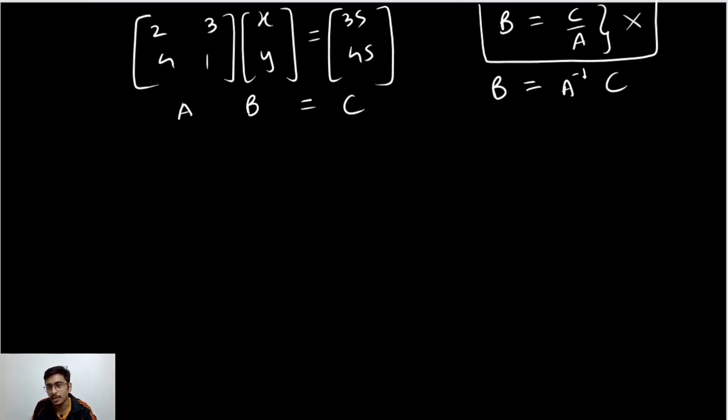We can only achieve A inverse here if we somehow disappear this A from the LHS, right? So how do we make this A disappear from the left hand side and take it to the right hand side? Well, what we do is we simply want to make it 1, and 1 in terms of matrices is nothing but our identity matrix that we studied earlier, correct?